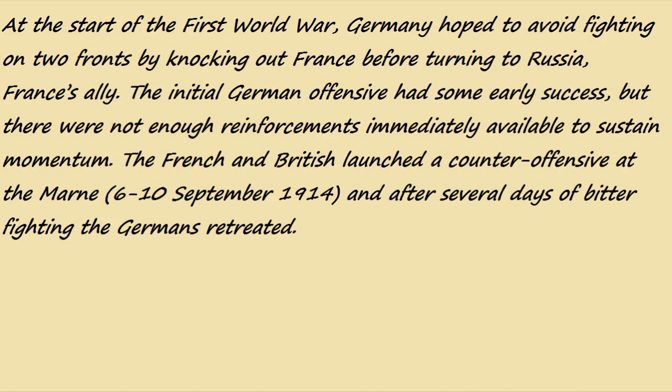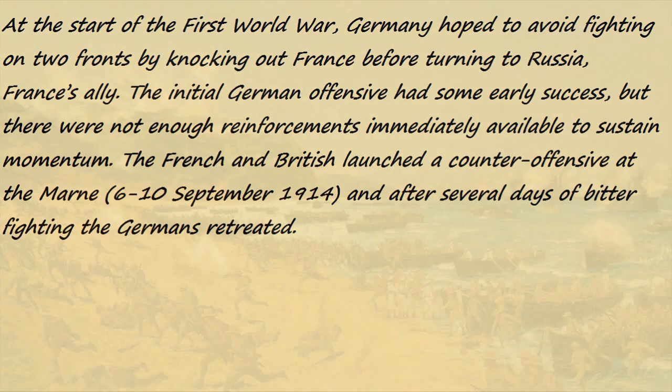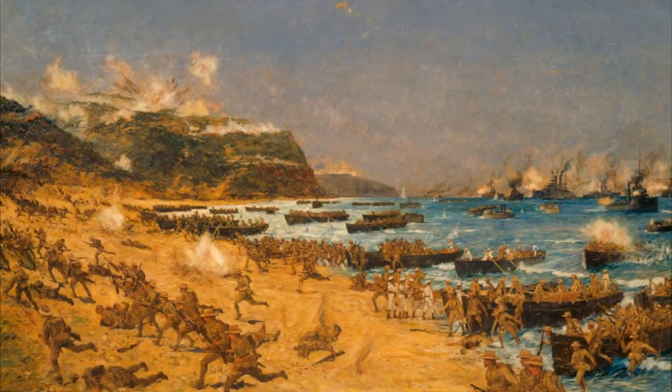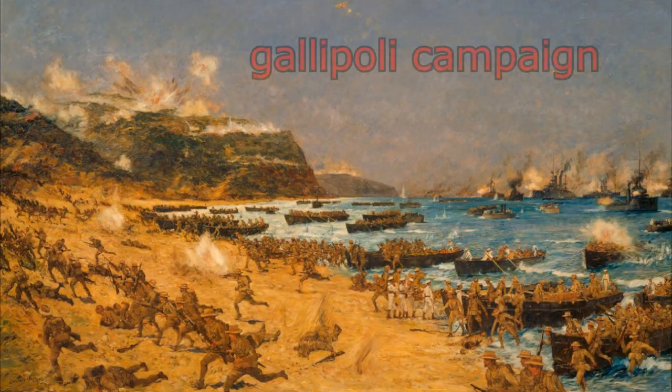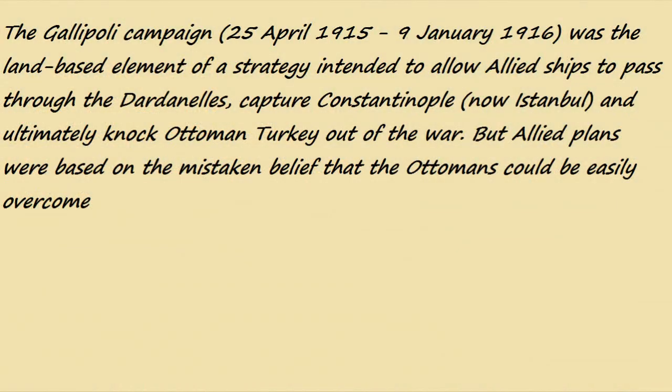The second battle is called the Battle of, or maybe it's a campaign. It is called the Gallipoli campaign. It was between the 25th April 1915 and the 9th January 1916.